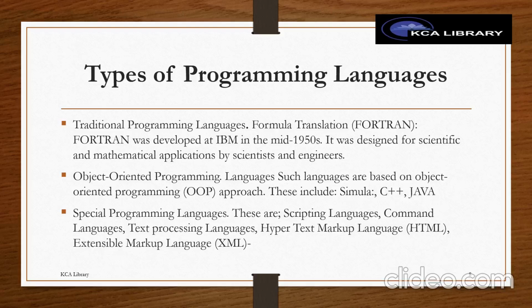So let us look at different types of programming languages. Additionally, we also have programming languages called Fortran, or formula translation. Fortran was developed way back in the 1950s by IBM. These types of languages were designed for scientific and mathematical applications by scientists and engineers.